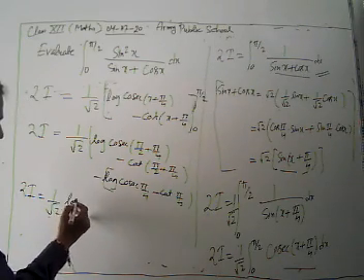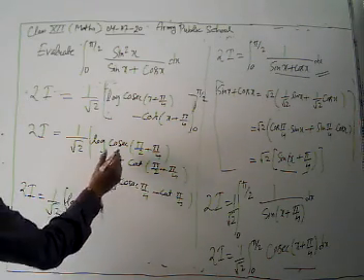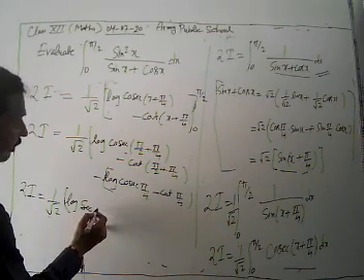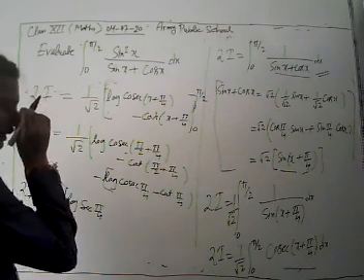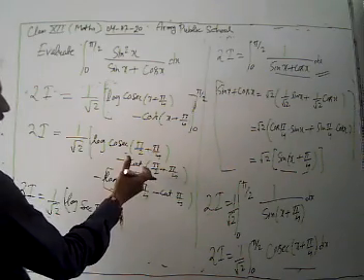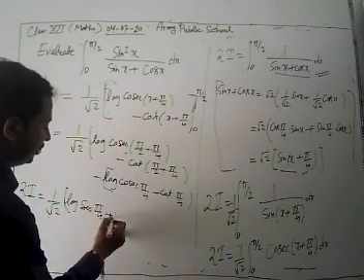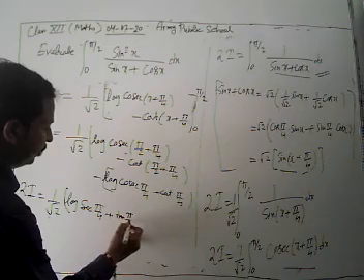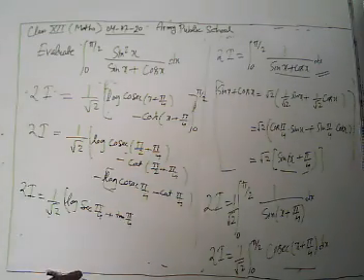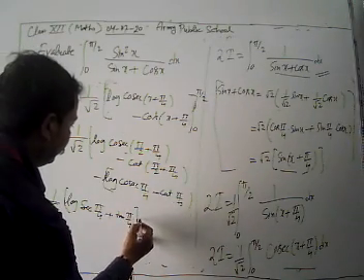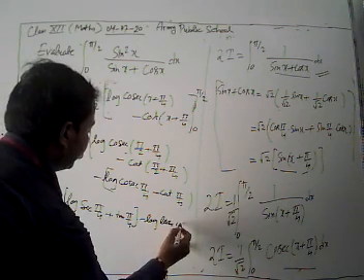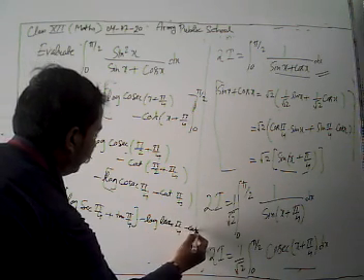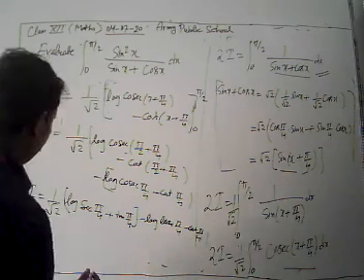Then we have log of sec pi by 4, and cot is again in terms of tangent, minus 1 plus tan pi by 4, and minus log cosec pi by 4 minus cot pi by 4.